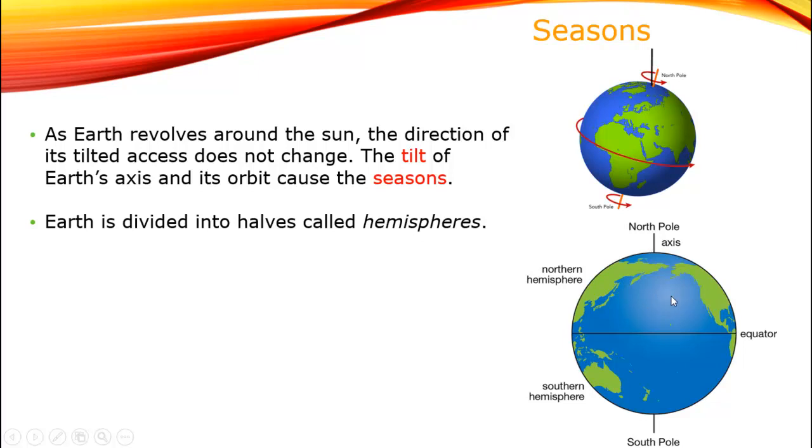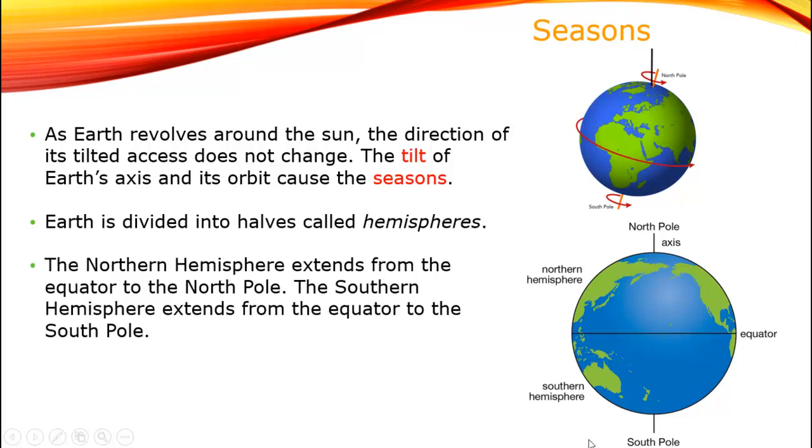The Earth is divided into halves called hemispheres: the Northern Hemisphere and the Southern Hemisphere. The Northern Hemisphere extends from the equator to the North Pole, and the Southern Hemisphere extends from the equator to the South Pole.